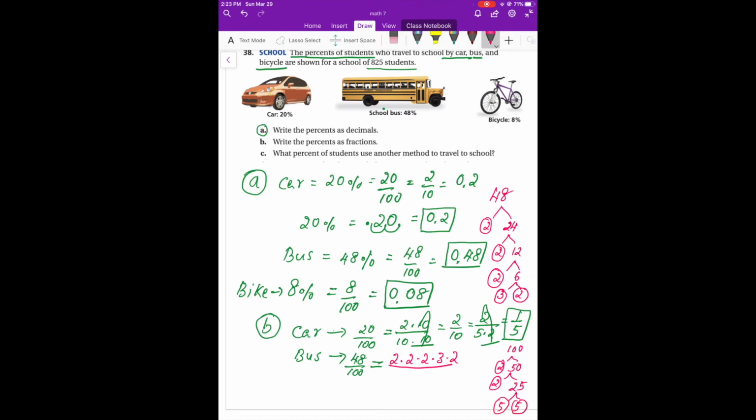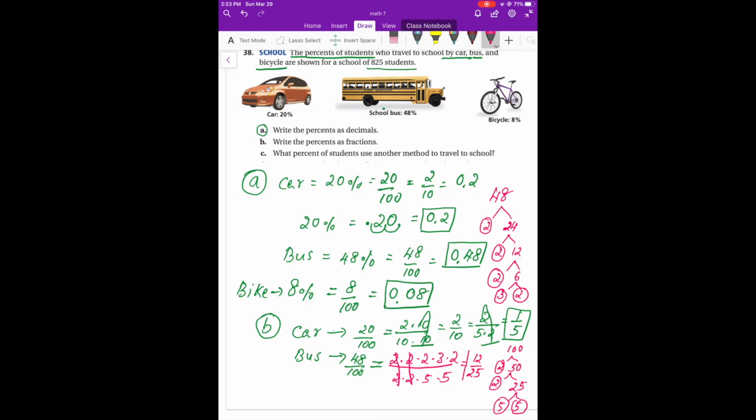There are no 5s in the numerator, but the 2s will cancel. What is left is 2 times 3, which is 6, times 2, which is 12. So the answer is 12 over 25.